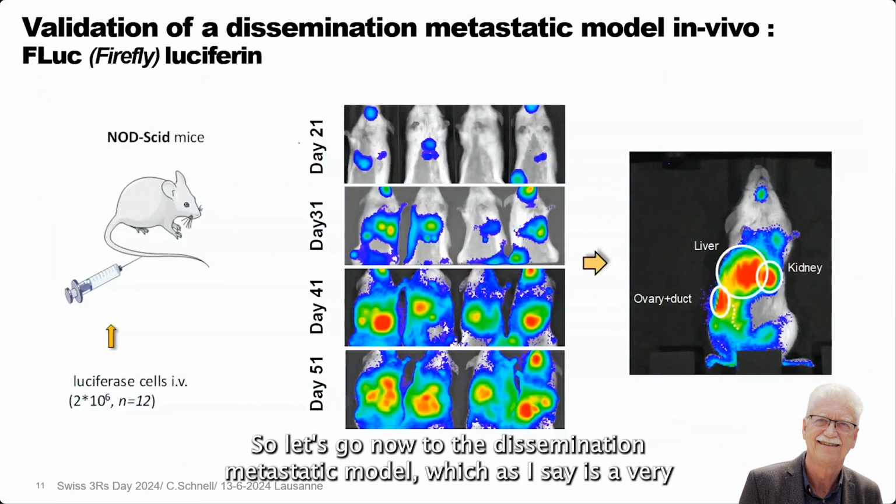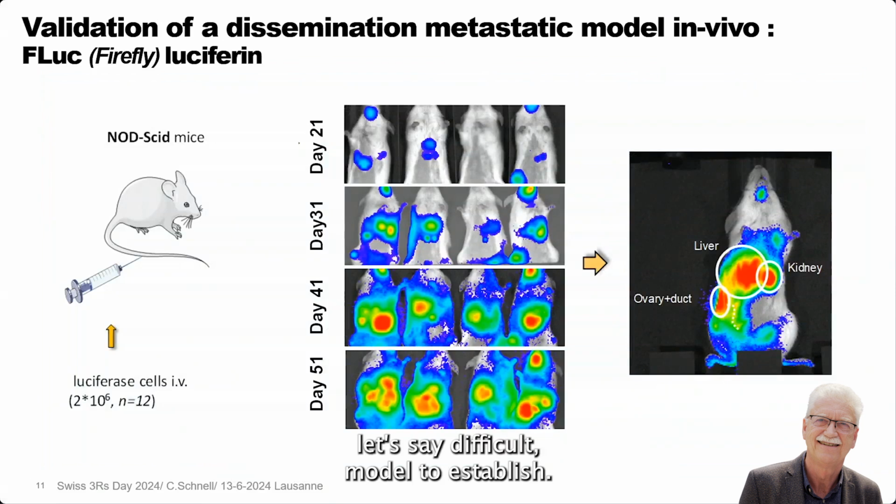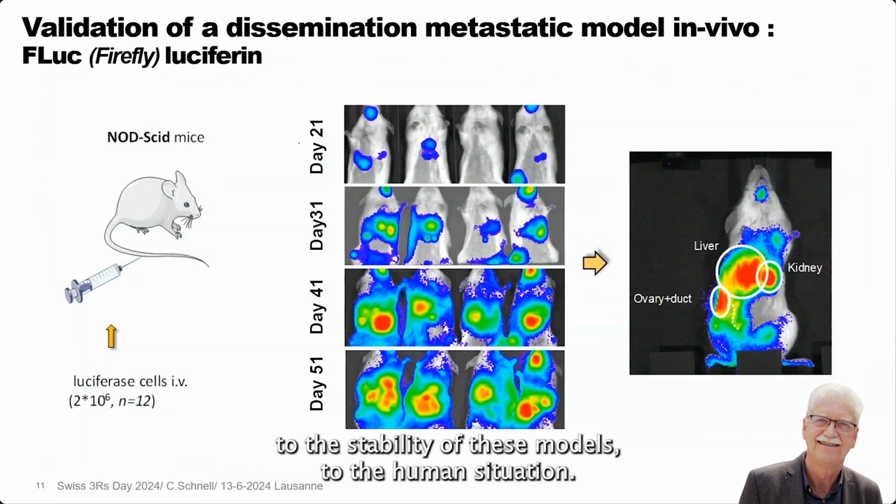So let's go now to the disseminated metastatic model, which, as I say, is a very difficult model to establish. First of all, if you have a tumor which starts to grow subcutaneously, it will never metastasize. So that's already a big caveat for the translatability of these models to the human situation.